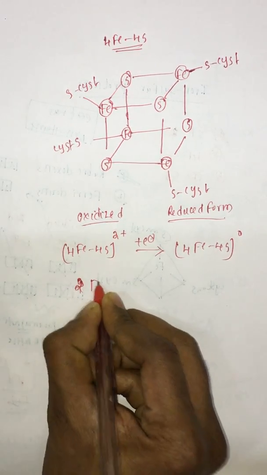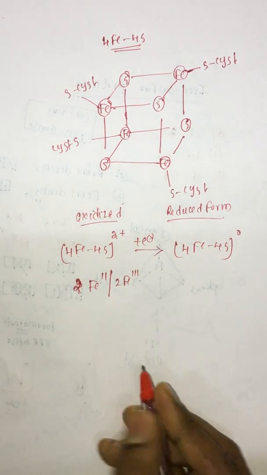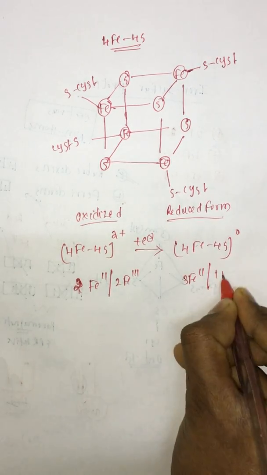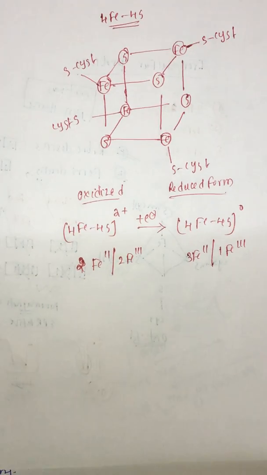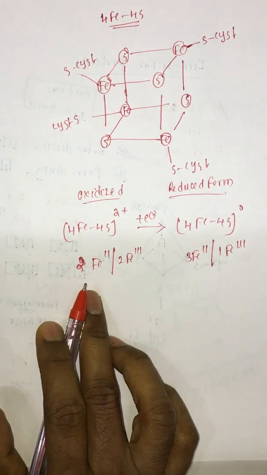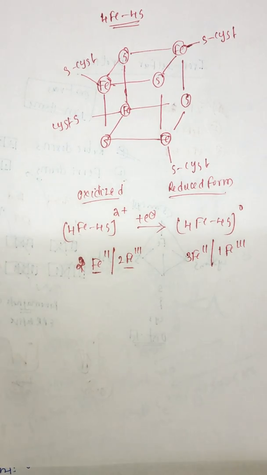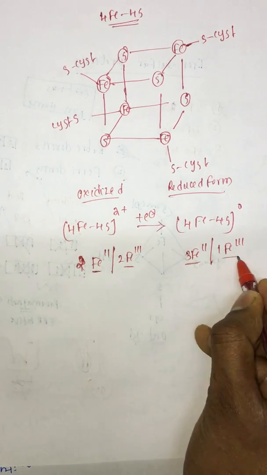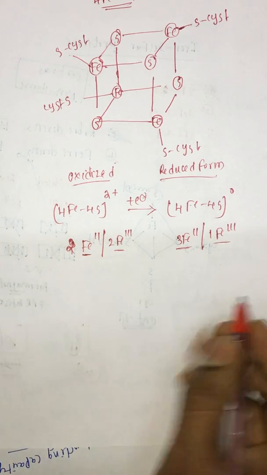In oxidized form, we have two iron atoms in +2 and two iron atoms in +3, whereas in reduced form we have 3 iron atoms in +2 and 1 iron atom in +3 oxidation state. So one electron transfer is taking place from oxidized form to reduced form. Now we will see the magnetic behavior for oxidized form and reduced form.